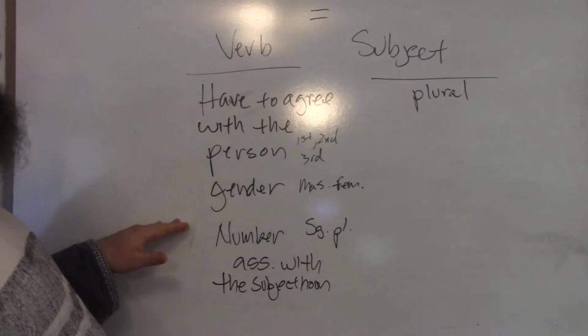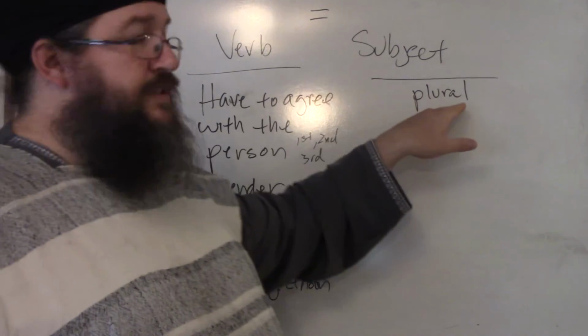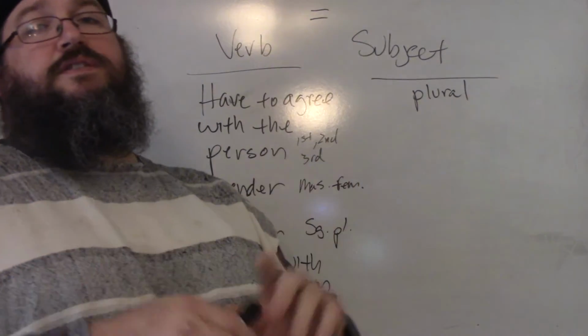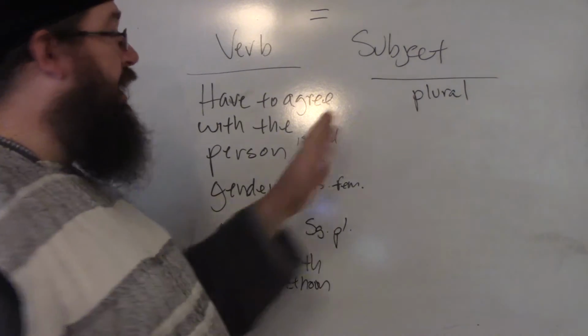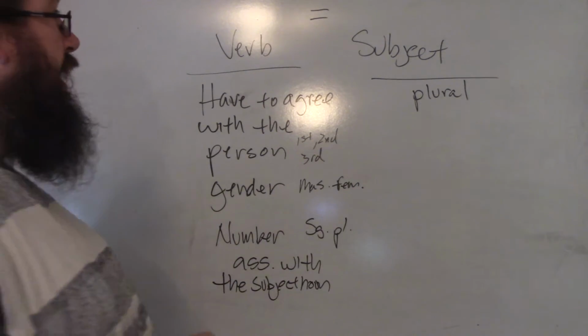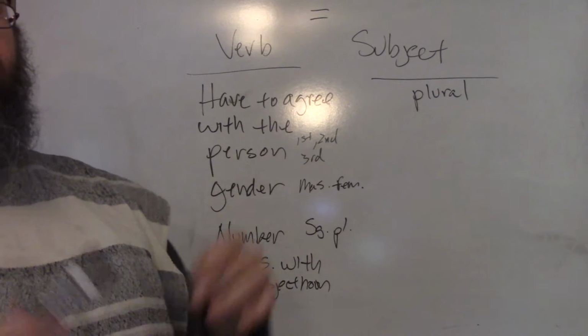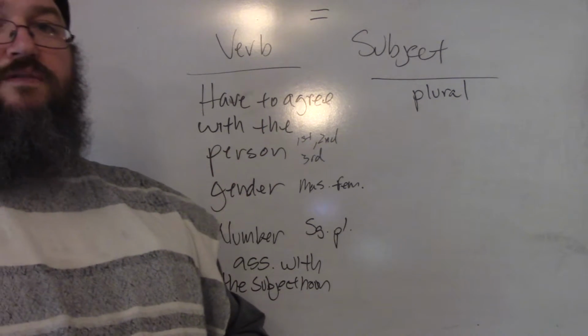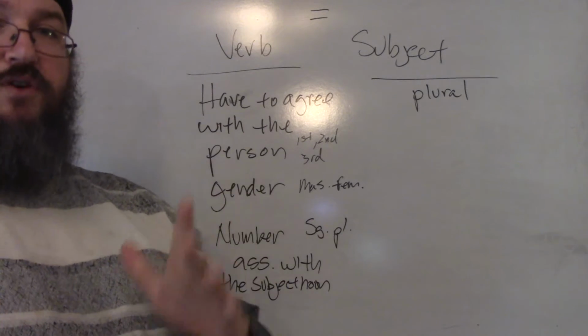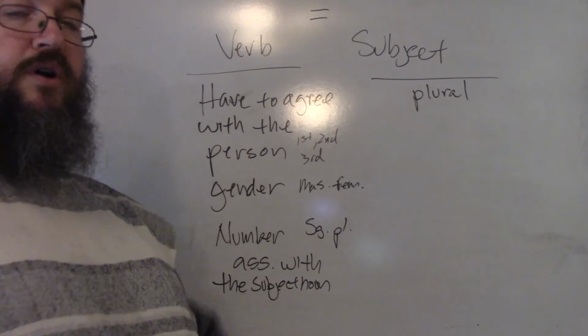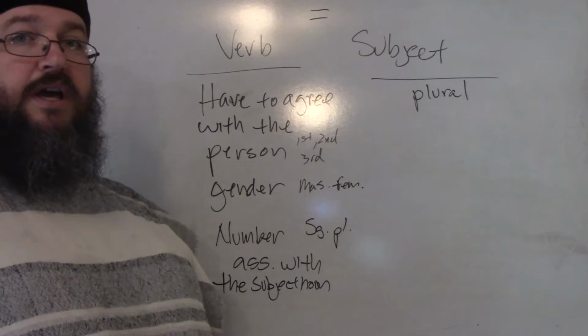Therefore, the verb is demanding that the plural subject is to be read as a singular object. And that's where we find the word Elohim is used, where God is used as the subject, and we find the verb is in the singular form. And this is just basic concepts that you have to understand with regard to how verb and subject agreement work and how this is going to play a vital role.